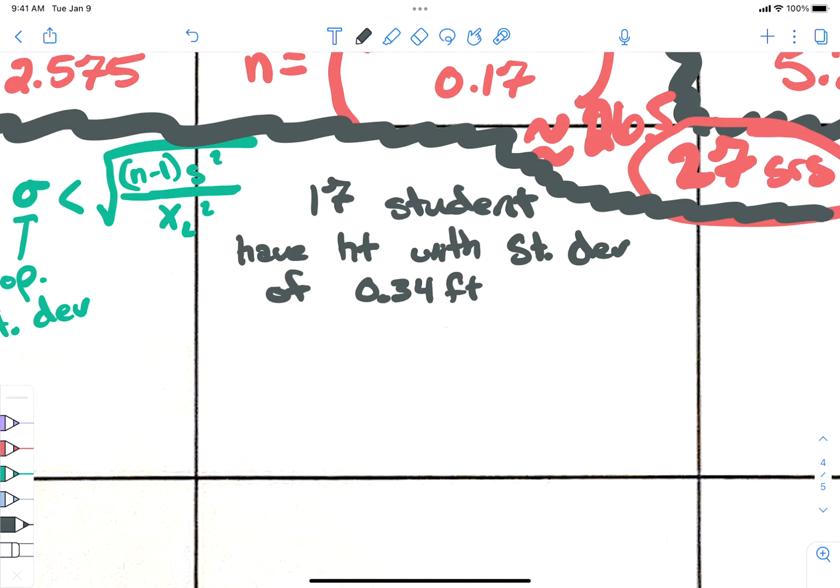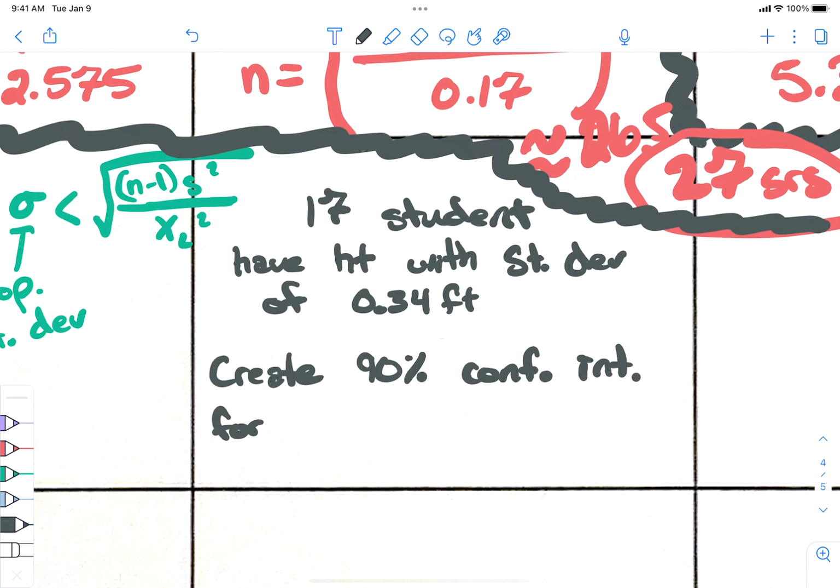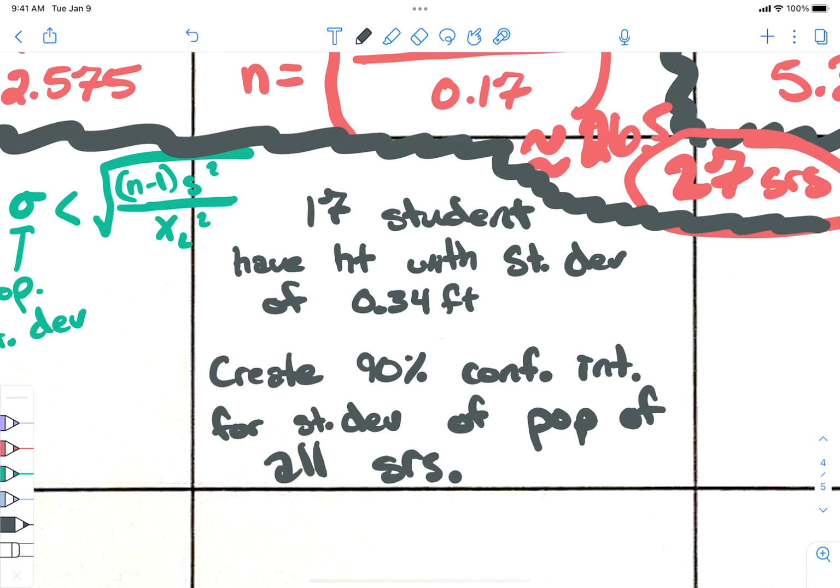We want to create a, what size of confidence interval do you want? 90, 95, 99? I don't think we've done a 90 yet, right? We did 95 and 99. Let's do a 90% confidence interval for the standard deviation of the population of all seniors at Blue Hill, okay?